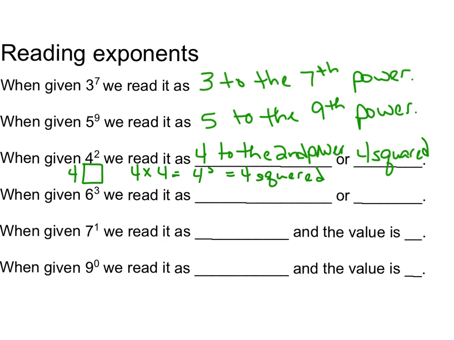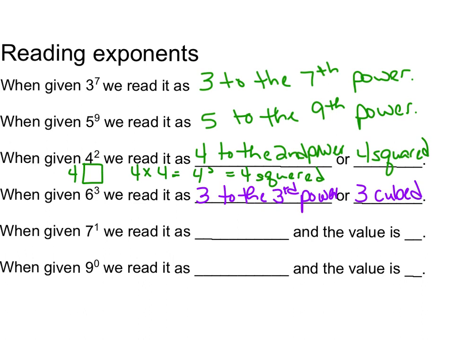Now when you are given 6 with a small 3, we read it as 6 to the 3rd power, or 6 cubed.